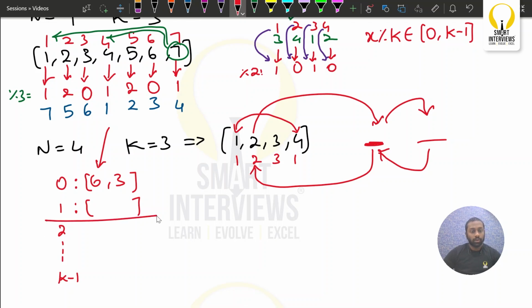Then 1 remainder, three numbers, 1, 4, 7. Then 2 remainder, two numbers, 2 and 5. And that's it. I know that for 0 there are two numbers coming, for 1 there are three numbers coming, for 2 there are two numbers coming.